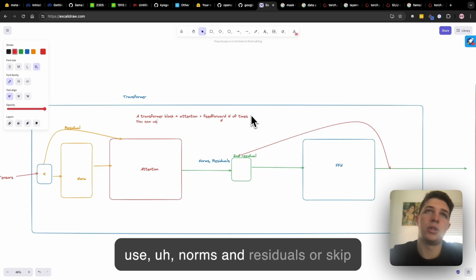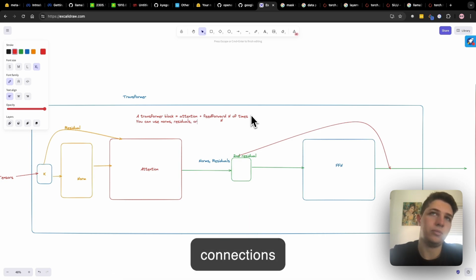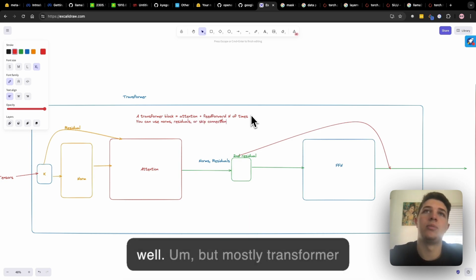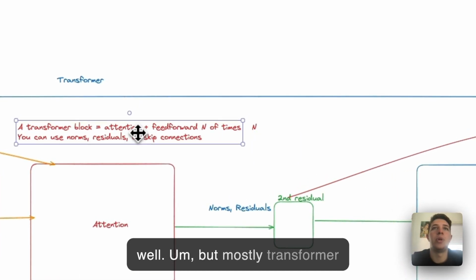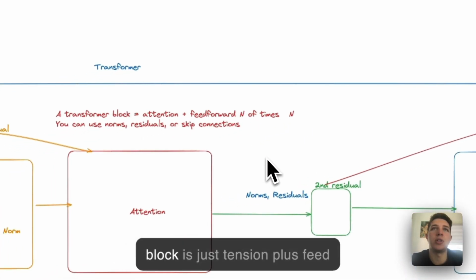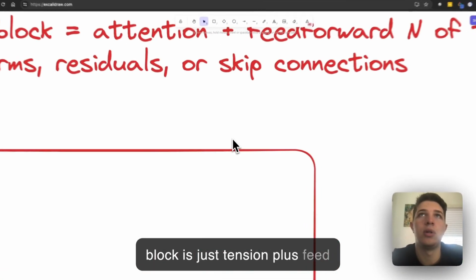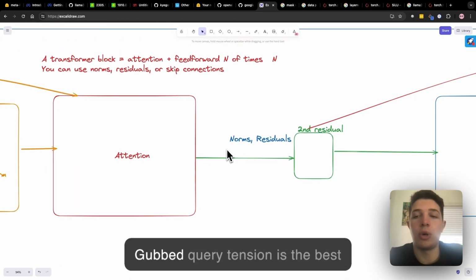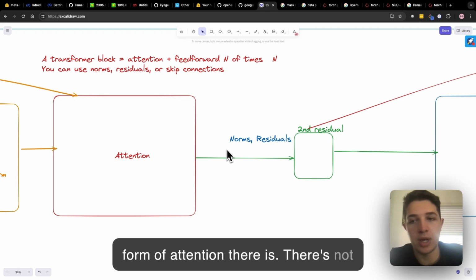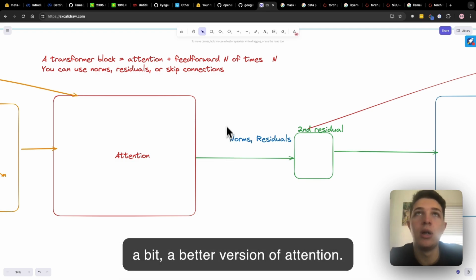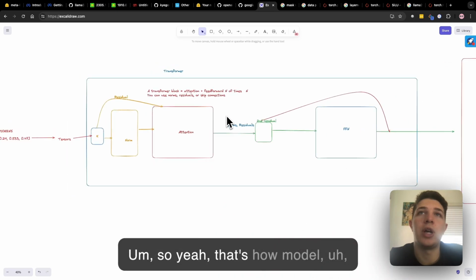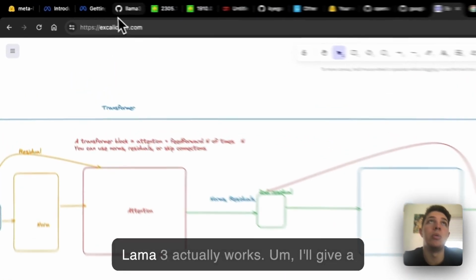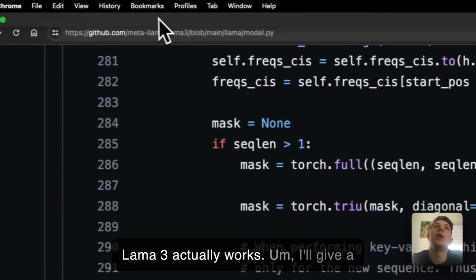You can use norms and residuals or skip connections as well. But mostly a transformer block is just attention plus feed forward. And that's essentially it. Grouped query attention is the best form of attention there is. There's not a better version of attention. So yeah, that's how Llama 3 actually works.